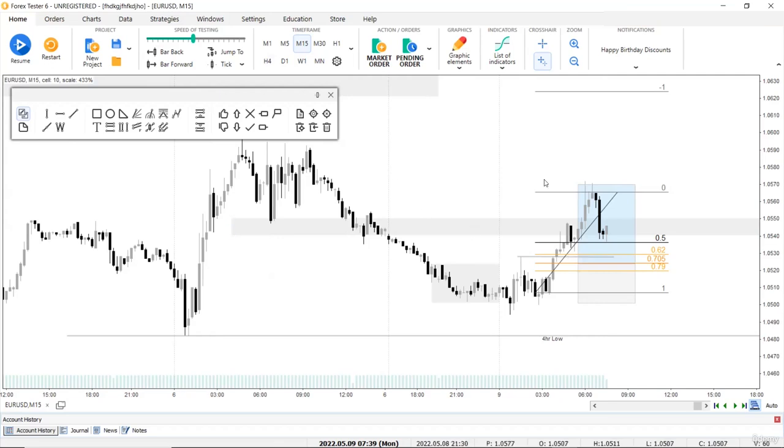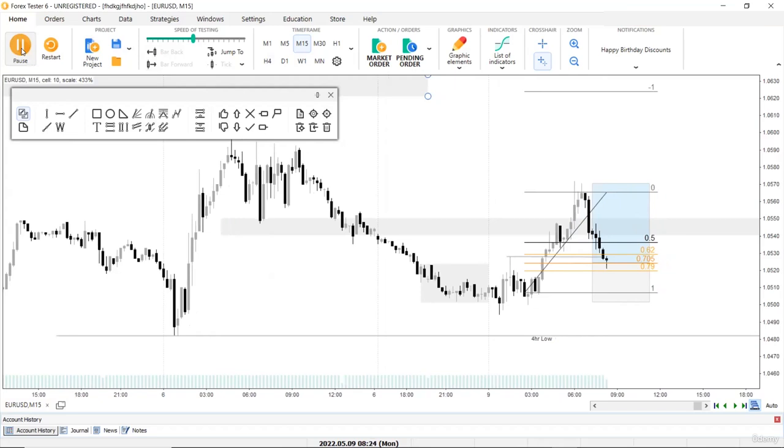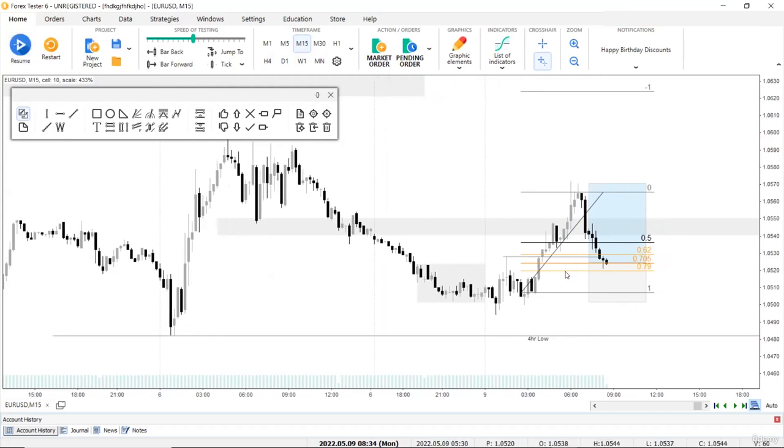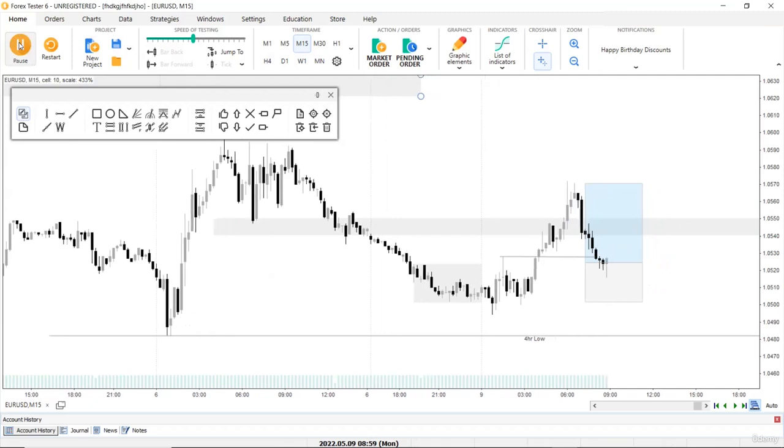So if we can get that retraced back into there, we get that picture. I'm just going to play price forward. Okay, so we're in the trade. I can take the Fibonacci off. We're in the trade.